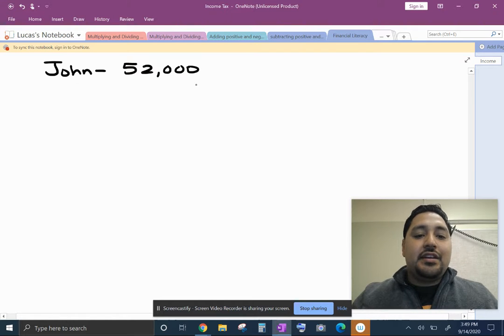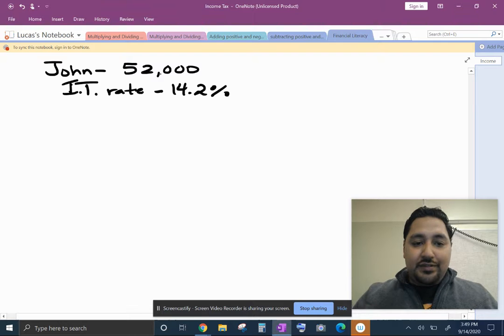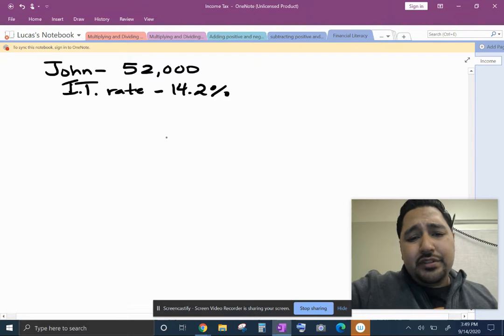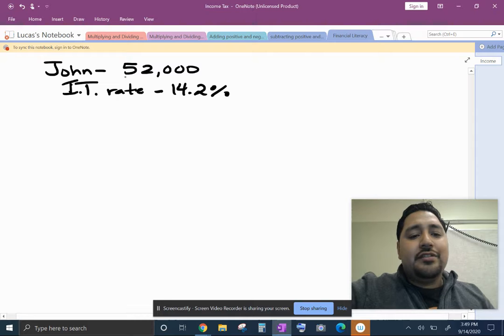If his income tax rate, IT stands for income tax rate, is 14.2% of his income, which is a small portion of 52,000.